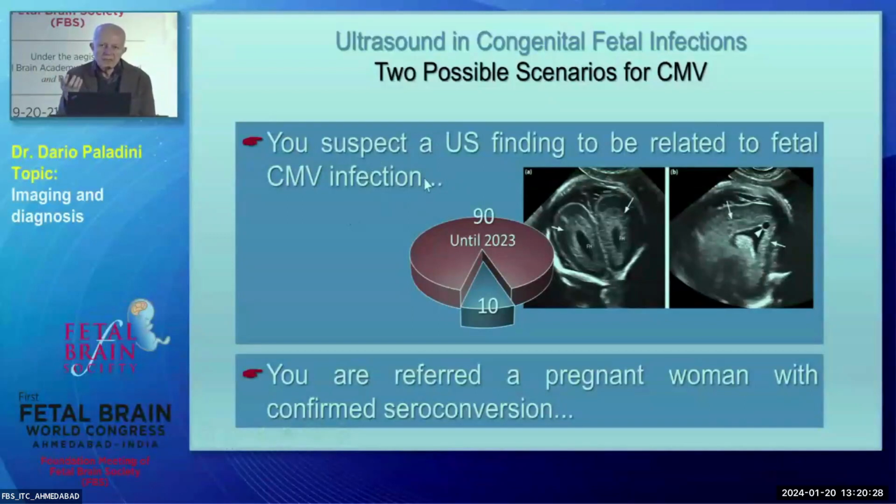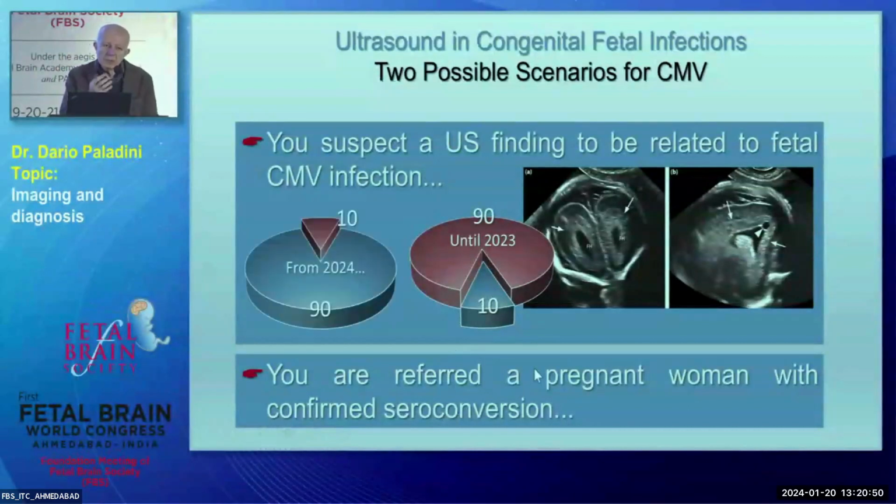So you end up finding some lesions that you think are consistent with cytomegalovirus infection, and a very small minority of cases in which you have a pregnant woman who is referred, regardless of the brain anatomy, for advanced scanning because she knows she has seroconverted.